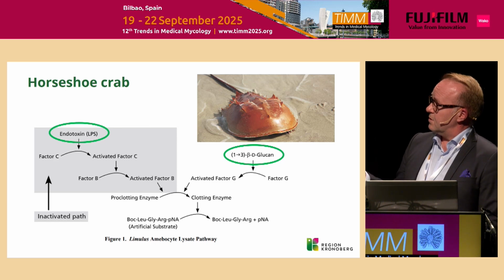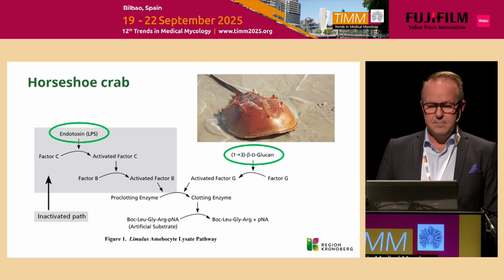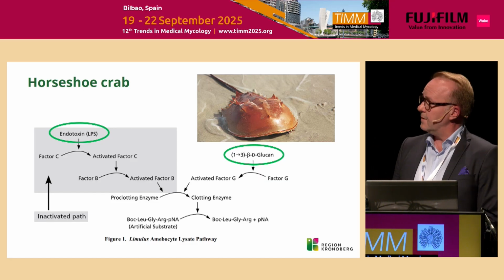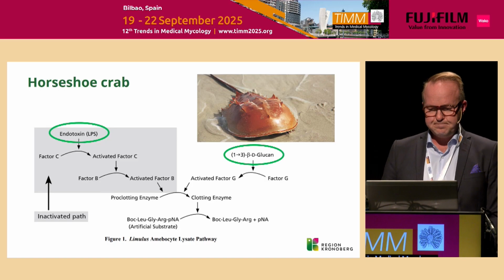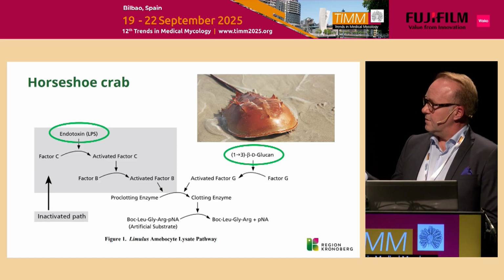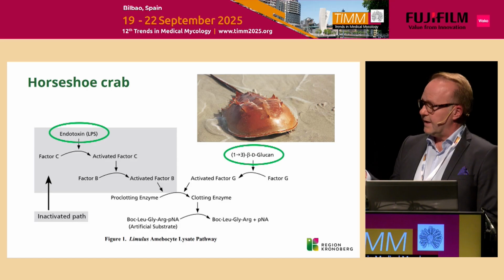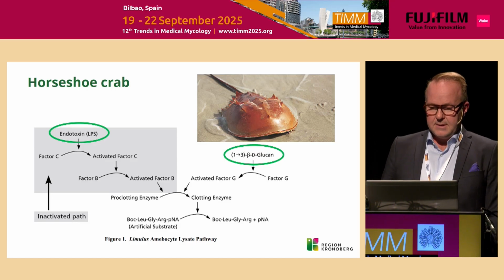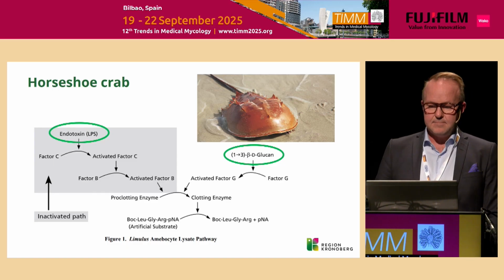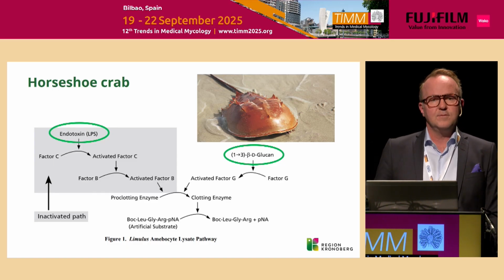more or less consists of this bifurcated serine protease pathway activated either by lipopolysaccharides of bacteria or by beta-glucan from fungi. Activation of this cascade leads to activation of a clotting enzyme and cleavage of a so-called coagulogen and the formation of a solid gel clot.